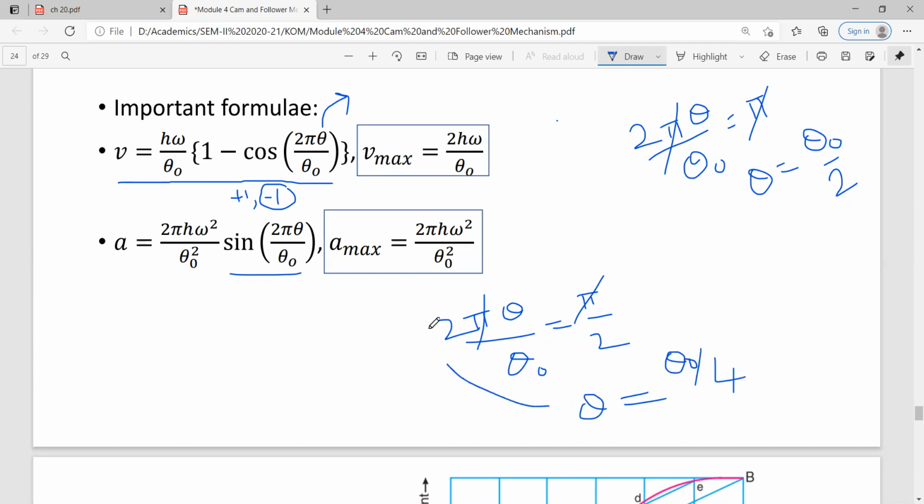This means at theta 0 by 4 the acceleration will be maximum, and at theta 0 by 2 the velocity will be maximum. And what about this? It is a sine function, so that curve you can draw. Let us see it in the displacement diagram.